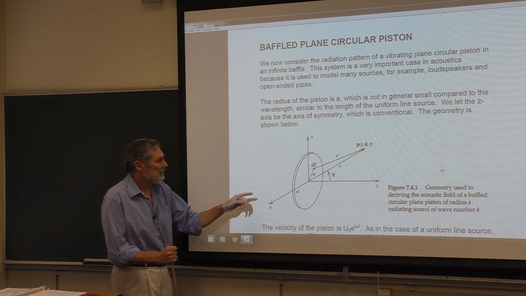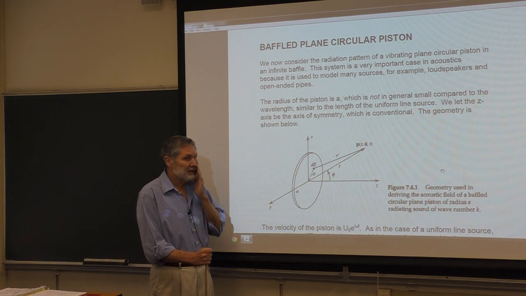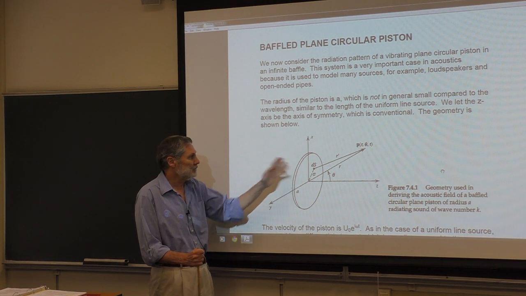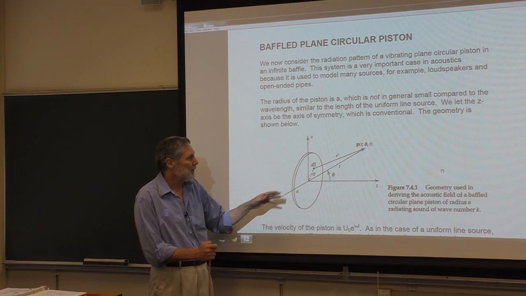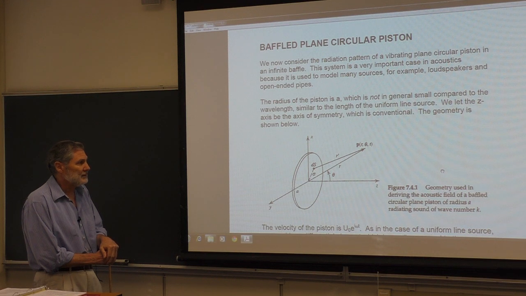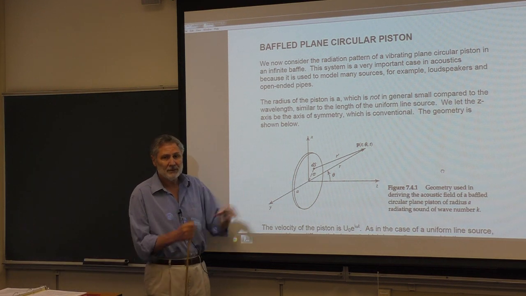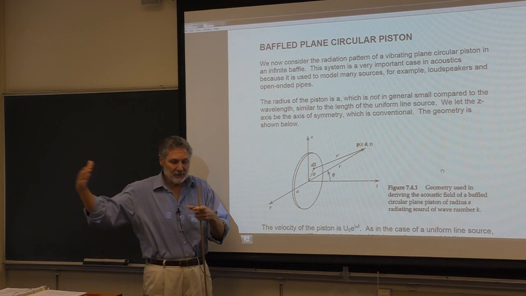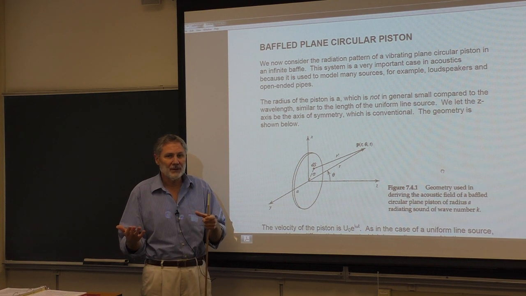For the time being, we're not going to make any assumptions. We're not going to assume the far field. You'll see why. And of course, the wavelength is not necessarily large compared to the piston. When the wavelength is large compared to the piston, we know what the answer is.